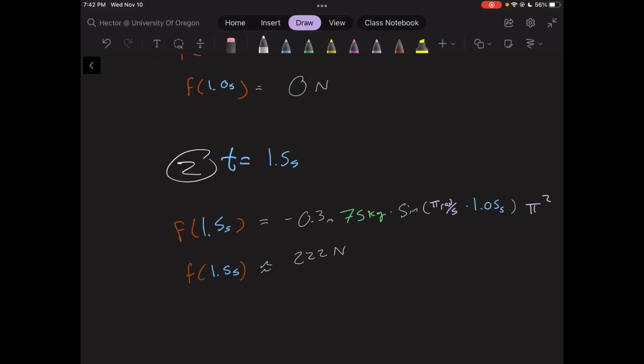Really the trick to this question is making sure you set your F equals ma correctly. I don't have a better way to say that. And just that second derivative: I take the derivative once to get velocity, and twice to get acceleration. If I'm given a position and I want my acceleration, I can just take two derivatives.